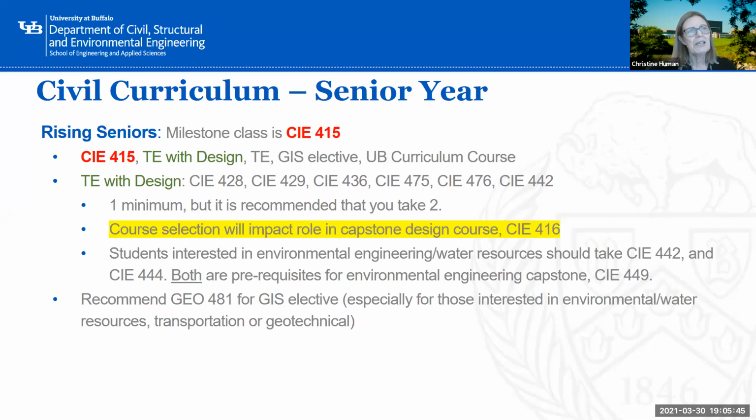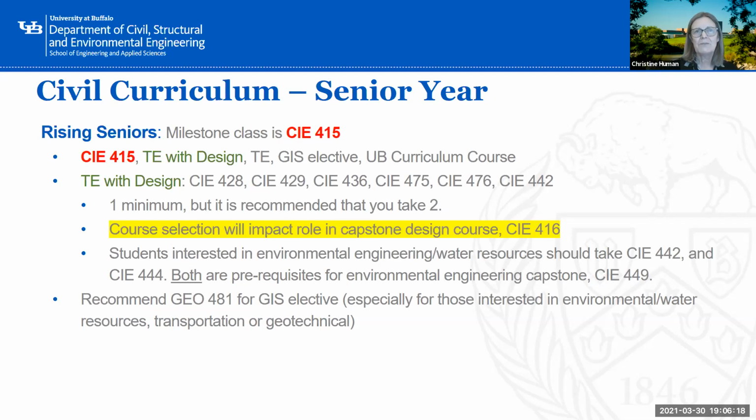Students that are interested in the environmental water resources area, and Caitlin will talk to you about her experience and what she does and the courses she took, you would need to take CIE 442, which is water treatment process, as your design elective. But you also need to take CIE 444, which is hydrologic engineering. So just remember that both of those courses are prerequisites for the environmental engineering capstone class, which is CIE 449.